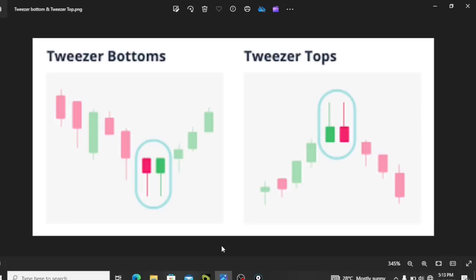The Tweezer top is a bullish candle followed by a bearish candle of equal length and size. When you see it at a resistance area, just know that a downward movement is about to take place. And when you notice this pattern at a resistance area, just get ready. You should be salivating, knowing that your gain is about to take place.